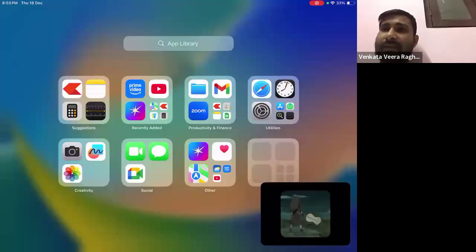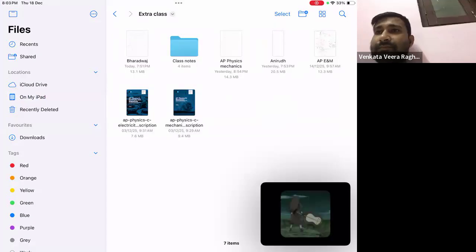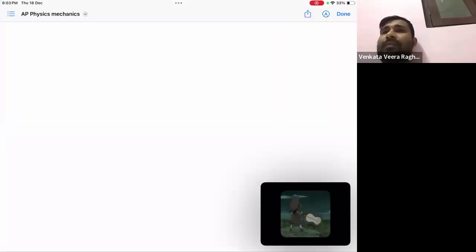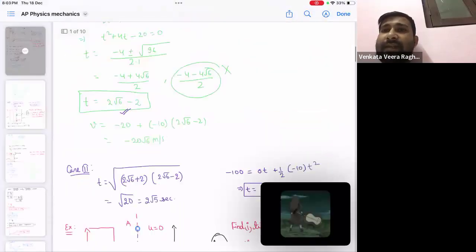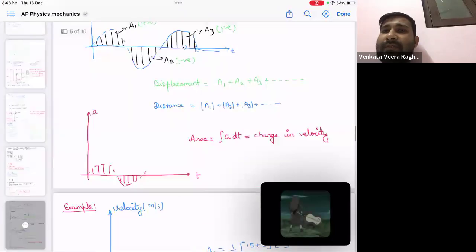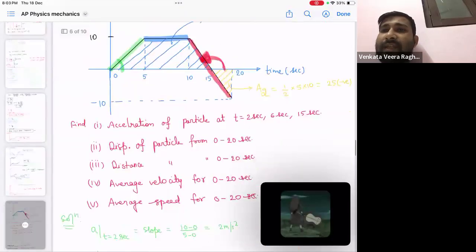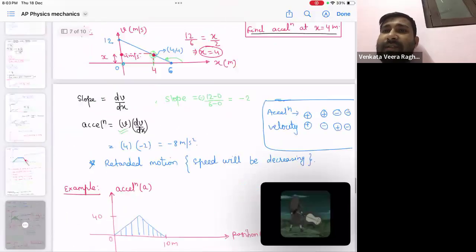Actually, let's continue now from here. Okay, so in the last class, we did motion under gravity, right? Graphs we have done, isn't it? From the graph, we found the area, and from the graph, we found the slope, right?